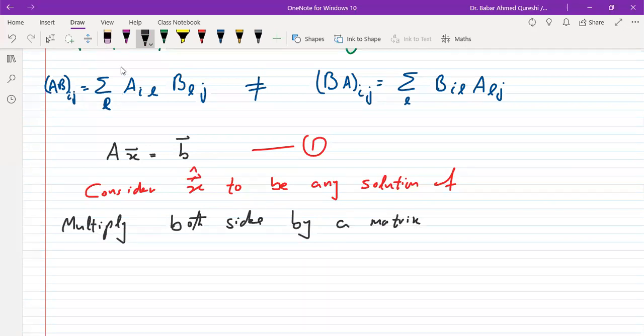Well, for this case, it will be true for any matrix, but let me be specific and say non-singular, because then it will go both ways. Then I get MA x hat is equal to MB.